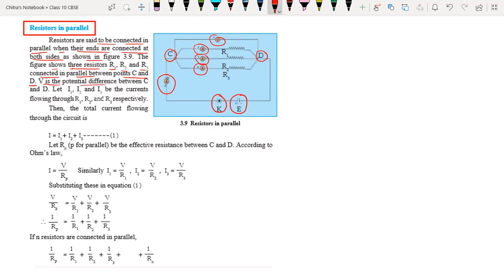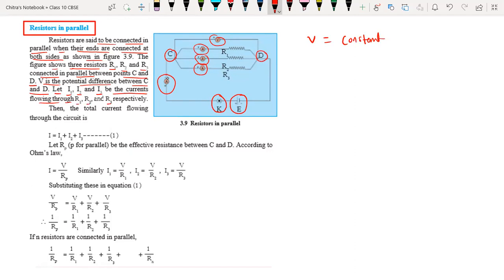V is the potential difference between C and D. So the potential difference between point C and D will be V. That means in this combination, potential difference will remain the same, or constant. Let I1, I2 and I3 be the current flowing through the resistances R1, R2 and R3.